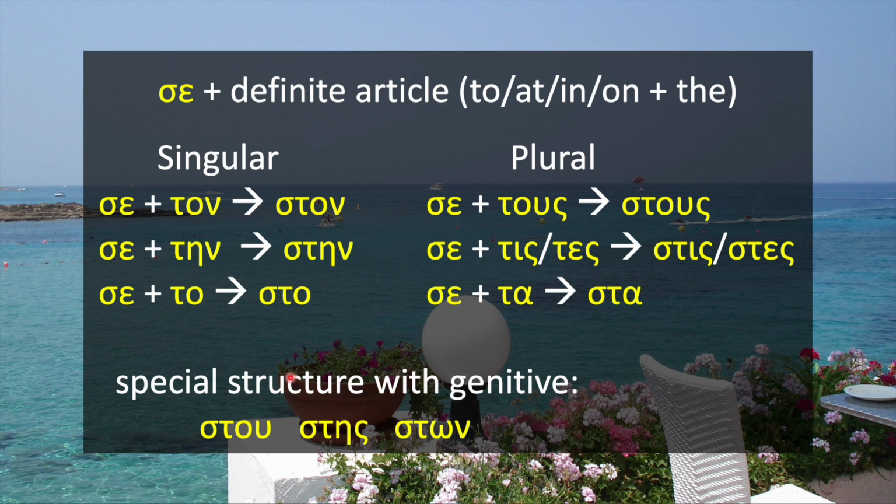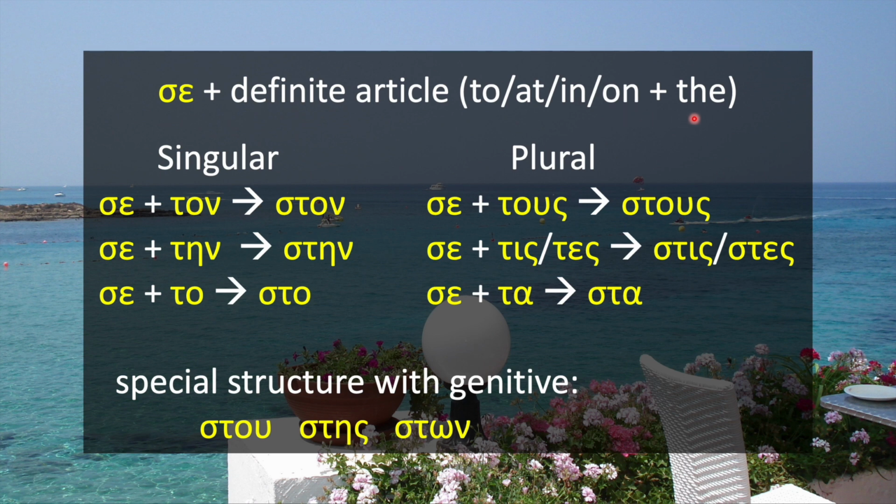And we have σε τον, στον, σε την, στην, σε το, στο, σε τους, στους, σε τις or τες, στις or στες, σε τα, στα. All these words mean to, at, in, on, the.